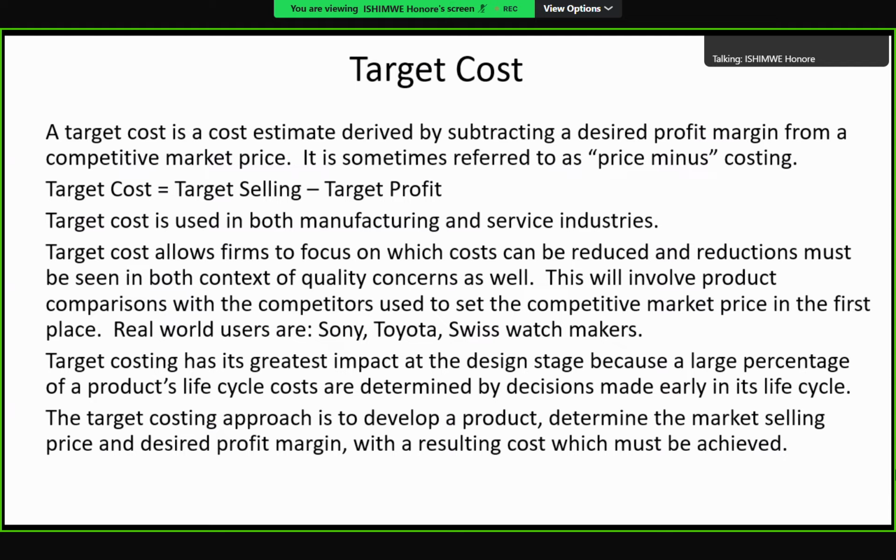These are famous users of target costing. Target costing has its greatest impact on the design stage of the product, because a large percentage of product life cycle cost will be determined by the decisions made early in its life cycle. So the target costing approach is to develop a product, determine the market selling price and desired profit margin, which will result in a cost. Then that cost must be achieved. That's why you say target cost, you are targeting to achieve.